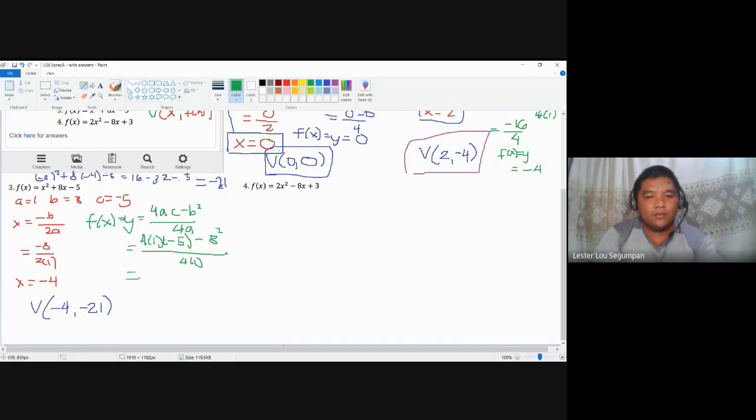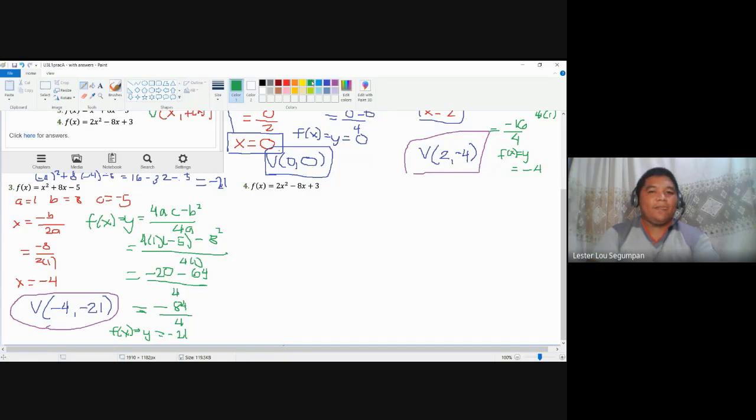So 4 times 1 times negative 5 is negative 20. And then minus 64 all over 4. So the top would be negative 84 over 4. So the value for your f of x or your y coordinate is actually negative 21. As you can see, we have the same value. So this is your vertex.